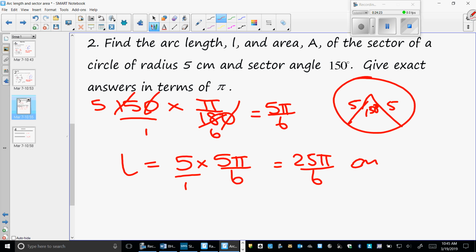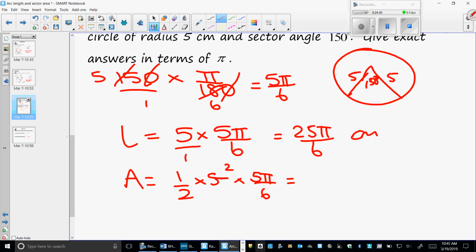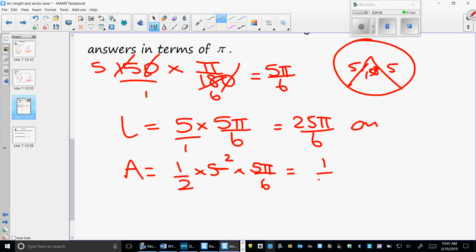And then the area, so that's a half multiplied by 5 squared, multiplied by 5 pi over 6. So that's half multiplied by 25 multiplied by 5 pi over 6.